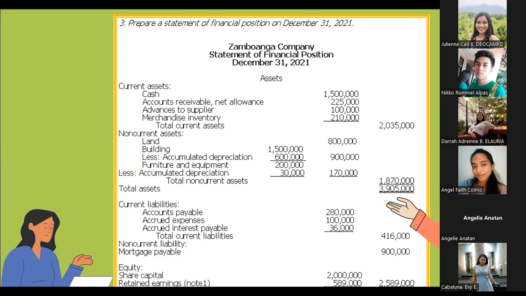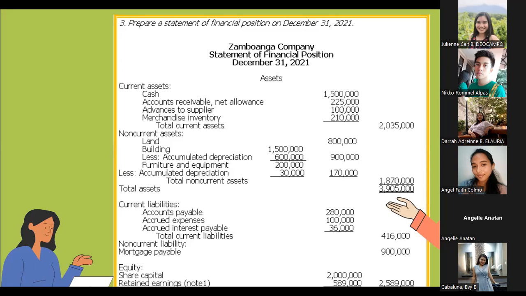Accounts receivable net of allowance, 225,000, is from the accounts receivable of 250,000 minus the doubtful accounts on the adjusting entries, which is 25,000, equals 225,000. Then add advances to supplier, 100,000, and then merchandise inventory, 210,000. So the total of the current asset is 2,035,000.